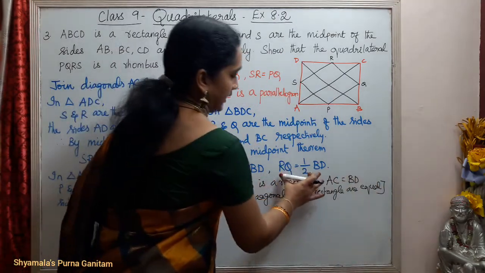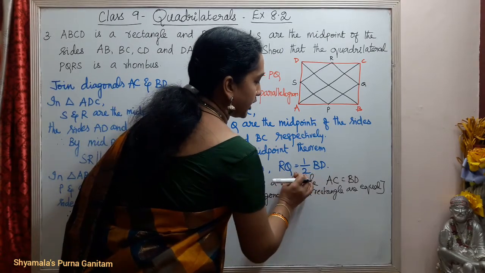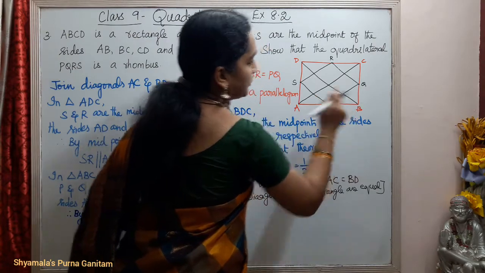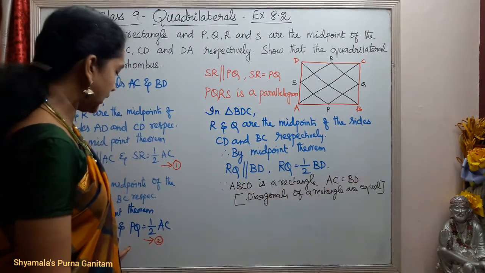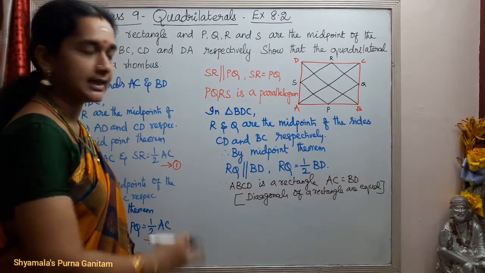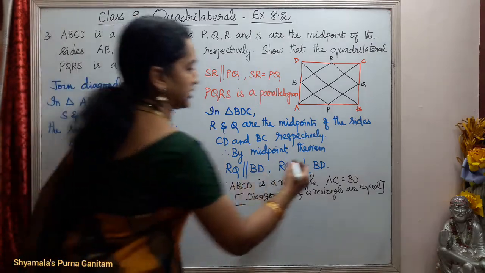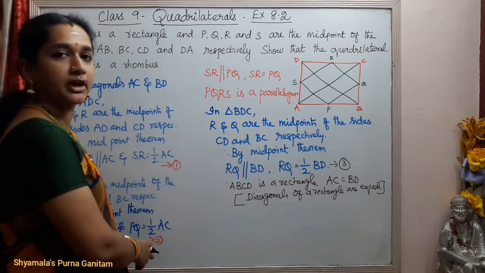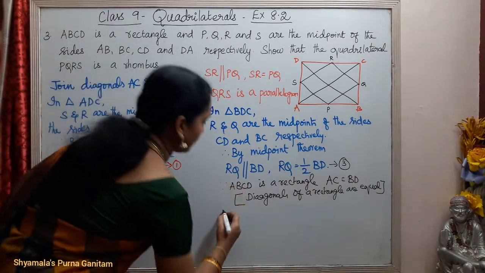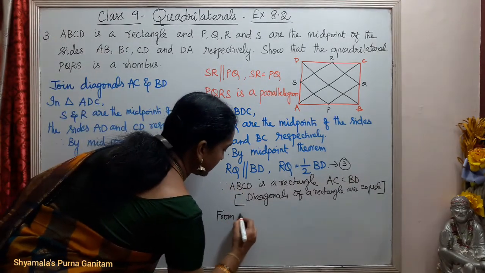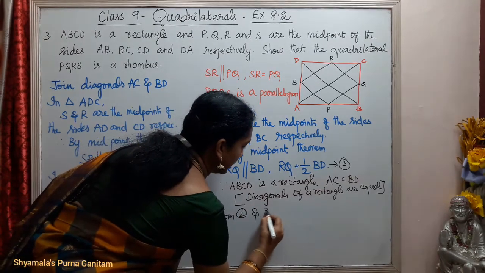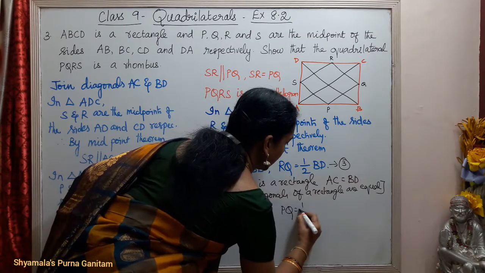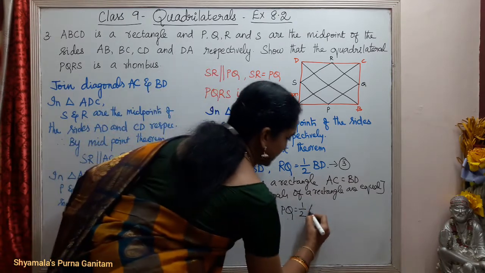Now here we have proved that RQ is equal to half of BD. Then PQ is equal to half of AC. So we will take these two equations. This one we will take as 3. This one we have already taken as 2. So we will take from 2 and 3. In 2, PQ is equal to half of AC.